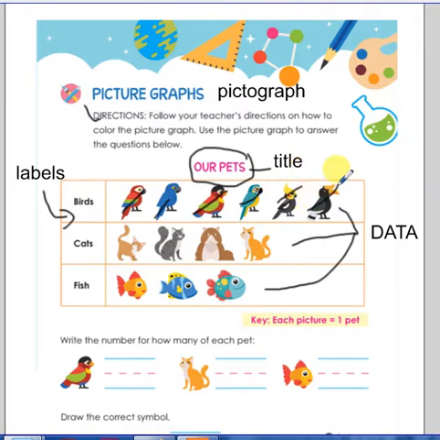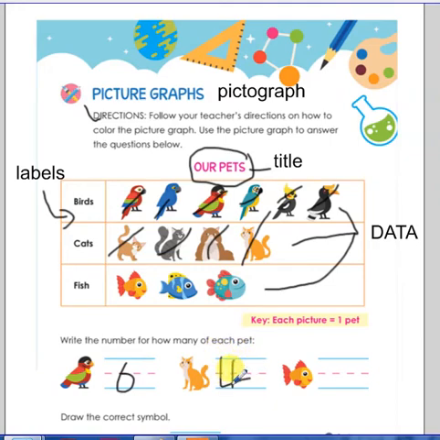So pictograph helps me to know the number of birds, right? So the number of birds is 6. How many cats here? 1, 2, 3, 4. How many? 4.